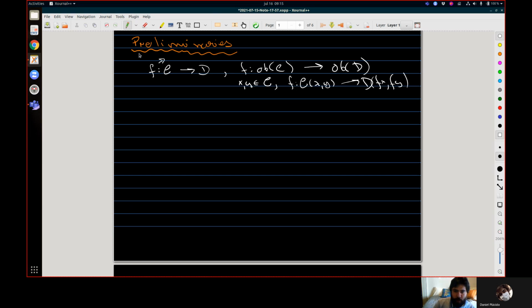So we will define a functor π0(F) that goes from π0(C) to π0(D), where π0(C) is the homotopy category of C. So first we have to define this object here.